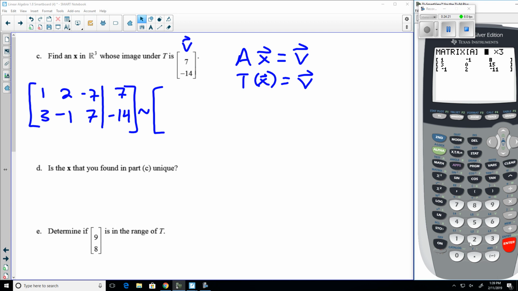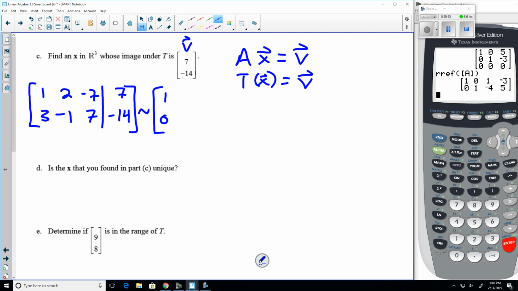What size is this one? 2 by 4. Does this system have a solution?